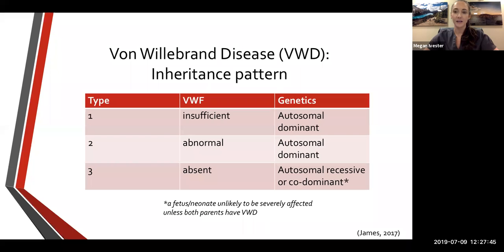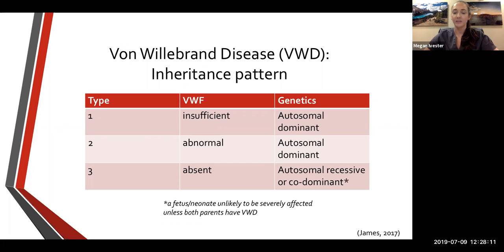So we see three different types of von Willebrand disease. It's either type 1, type 2, or type 3. Types 1 and 2 are autosomal dominant, and type 3 is autosomal recessive or codominant. With type 3, you're looking at issues with pregnancy and fetus.